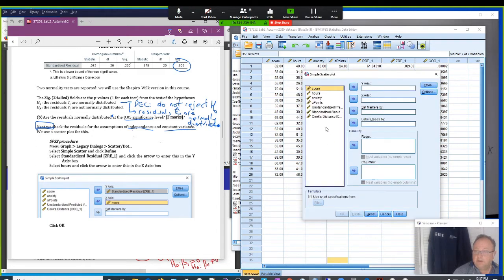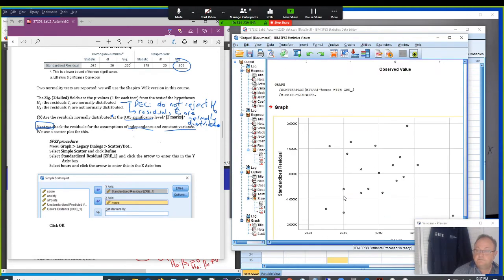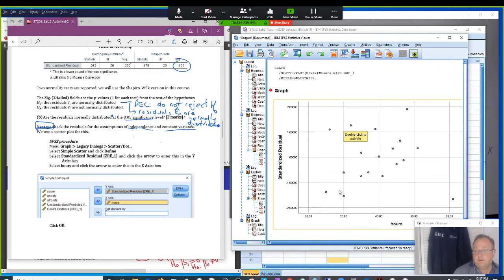This time we'll be looking at our standardized residuals again, and so we'll do that, and that'll be our y, and our hours will be our x. So there's our graph.